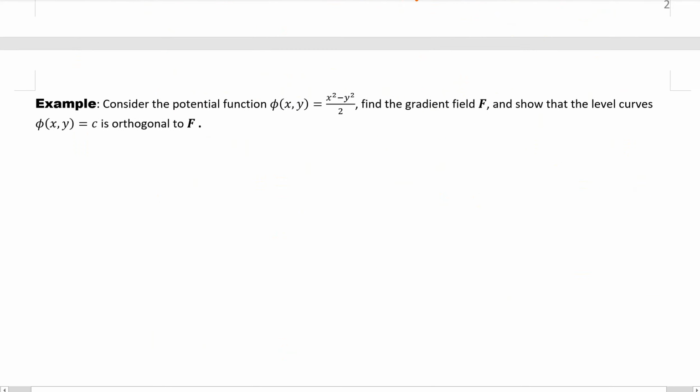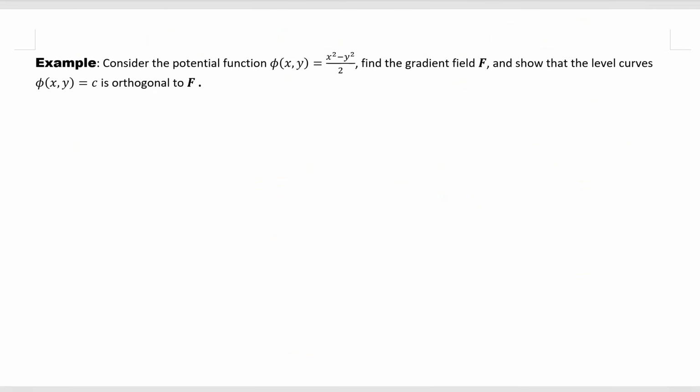Okay, let's continue. Let's look at this example. Consider the potential function phi and find the gradient field f. Show that the level curves phi equals c are orthogonal to the gradient field. Okay, let's see. So potential function, okay, so what is phi with respect to x?